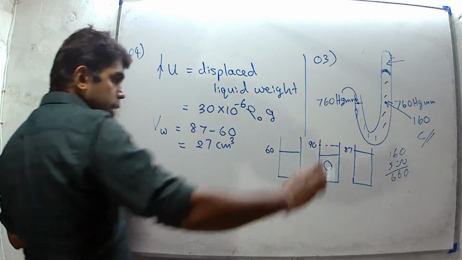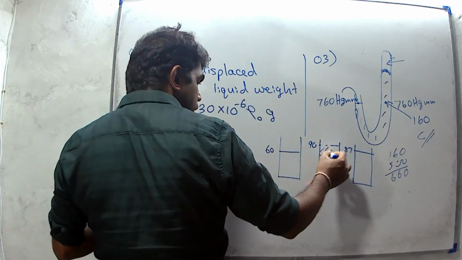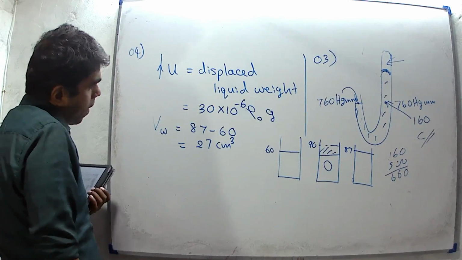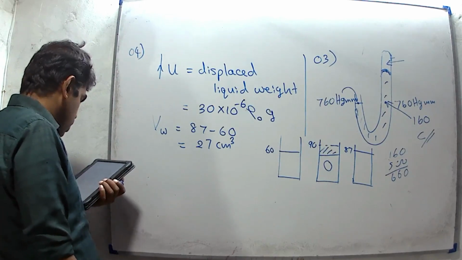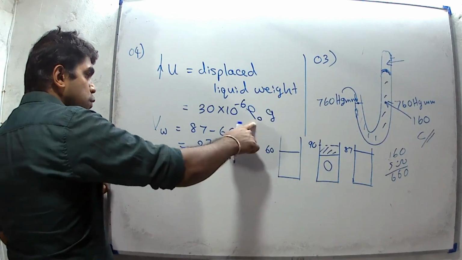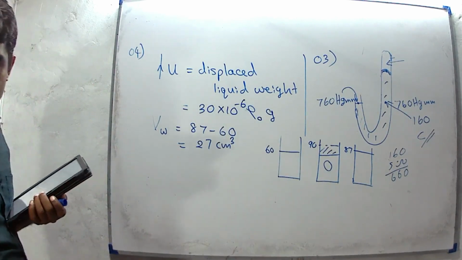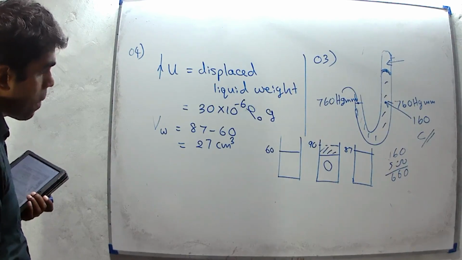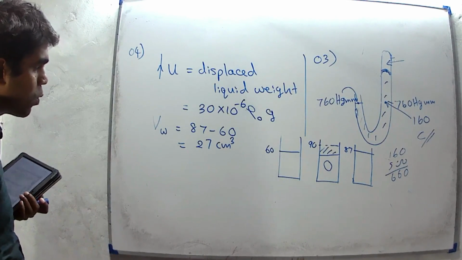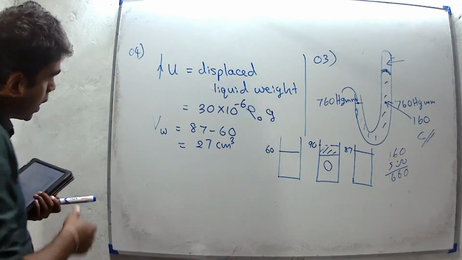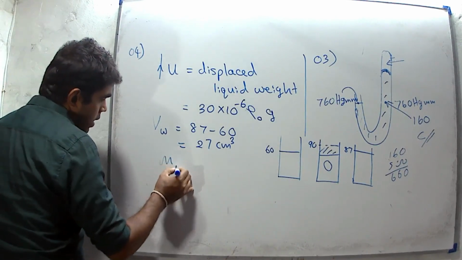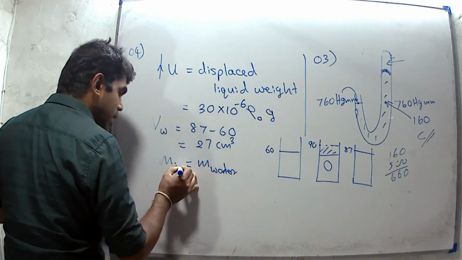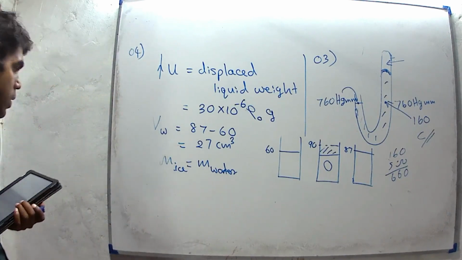Then considering this displaced water weight, we can get upthrust on ice. But when getting upthrust, we have to consider density of oil as rho, density of oil. And for both situations, mass of ice should be equal to mass of water. Then I will use mass of ice equals to mass of water.